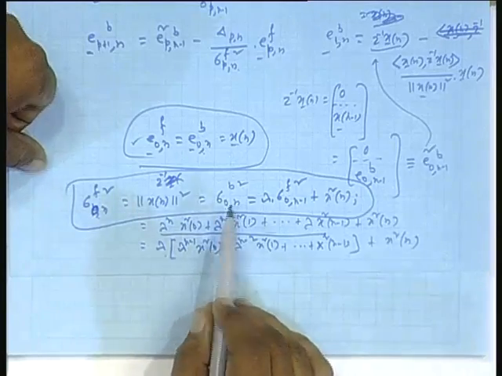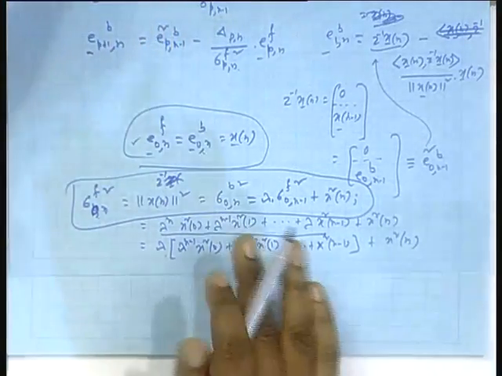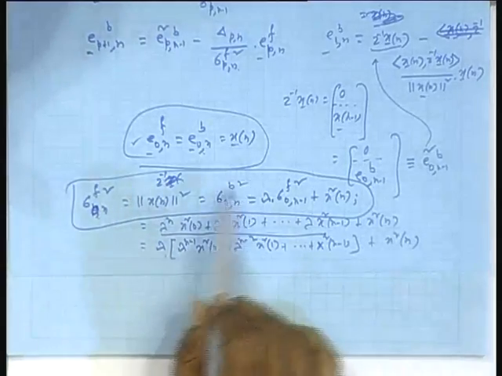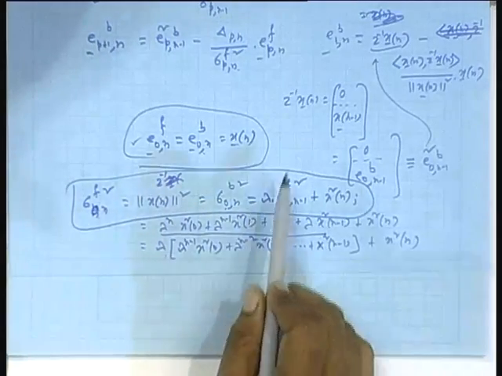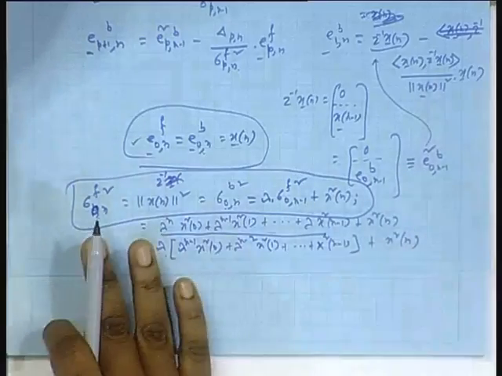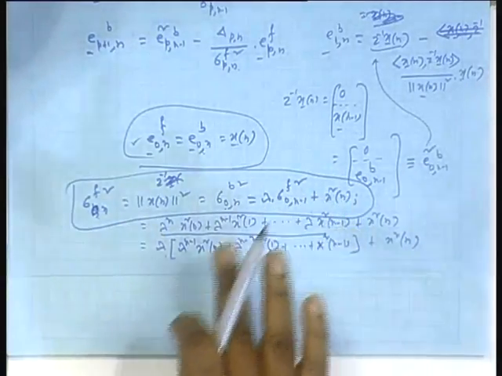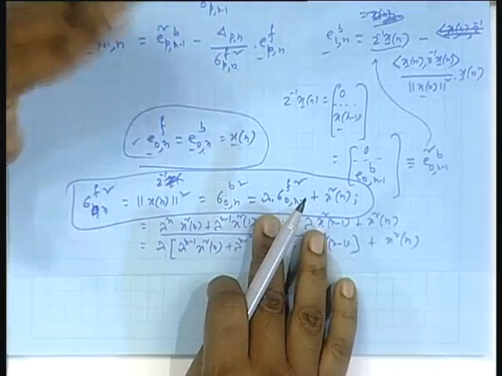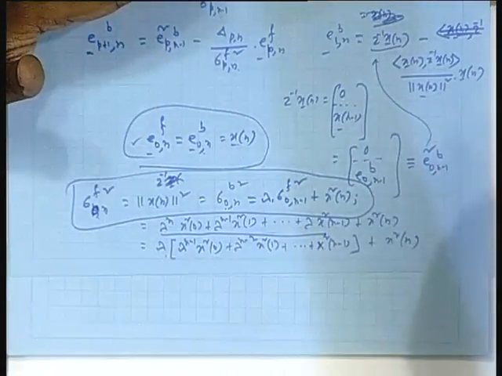Order updating means once I know them, then keeping the index n constant at this index only, from this I will find out sigma 1 n f square, sigma 1 n b square, then sigma 2 n f square, sigma 2 n b square, and so on and so forth at the same index n. So, once I do time updating for the 0th stage, get the corresponding values for index n, then at this index n I go ahead by the order update formula for various stages and get the respective values.